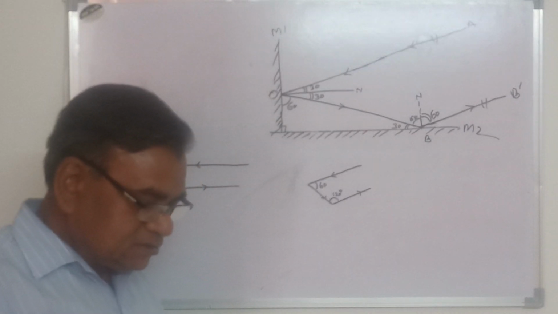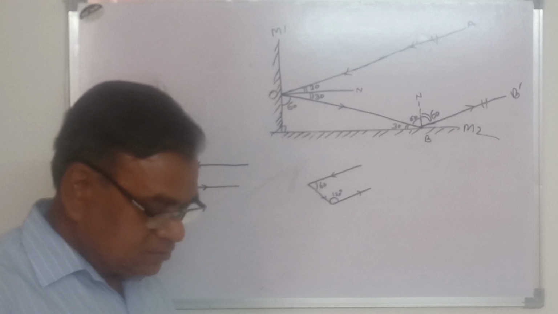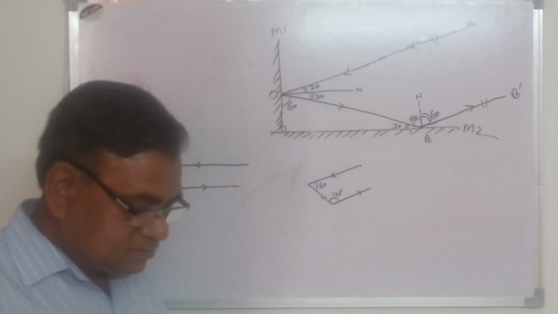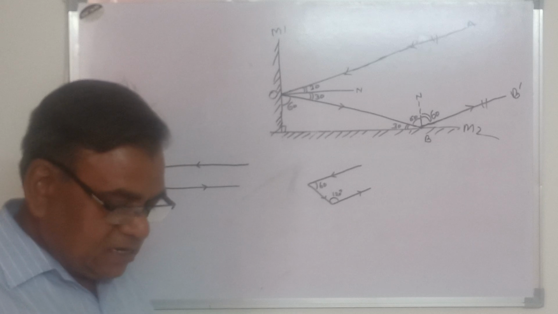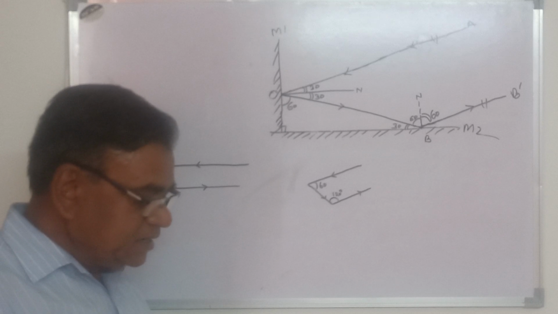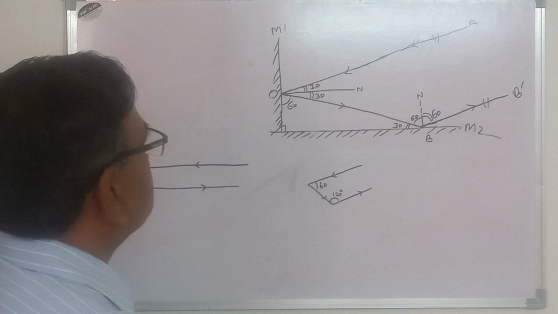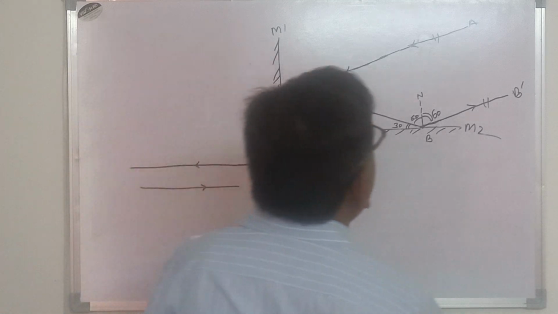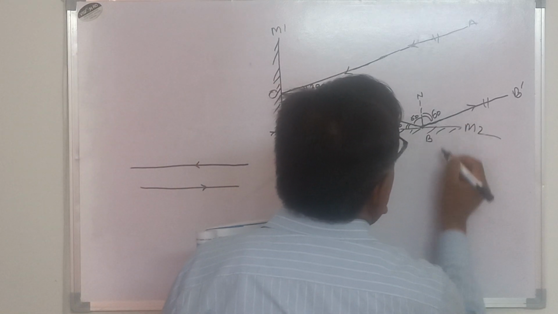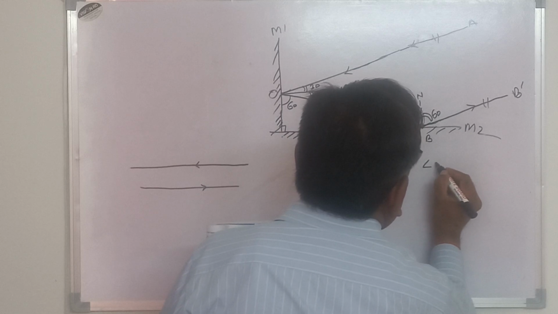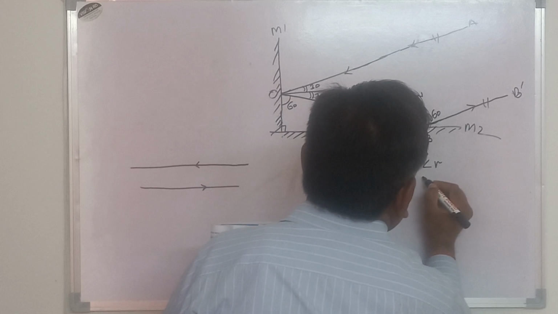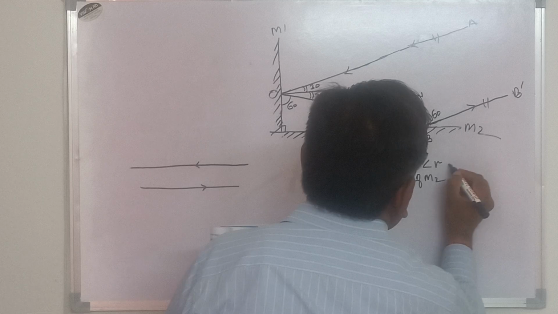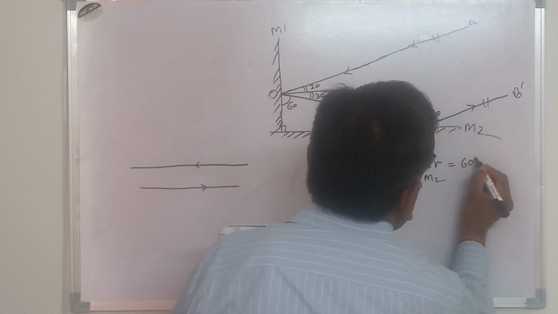So this is the figure. This is the question. The angle of reflection at the second mirror is, the question is that angle of reflection at second mirror. So angle R of M2 is 60 degree.